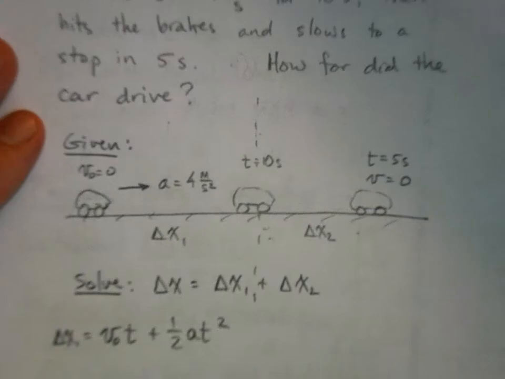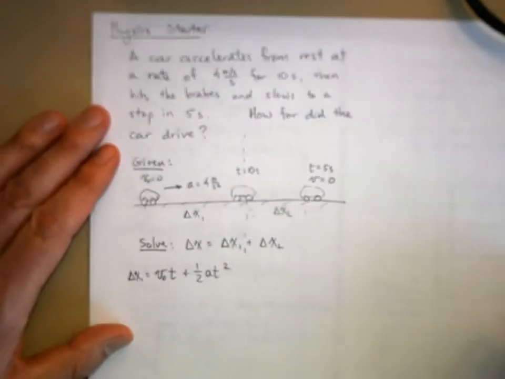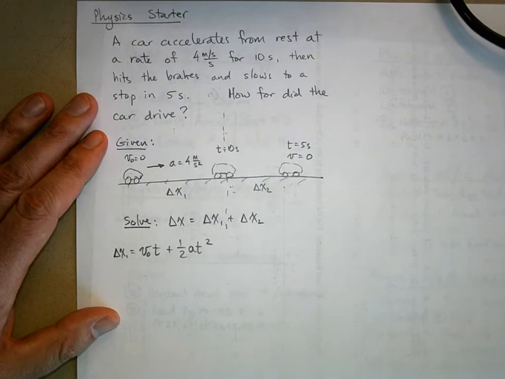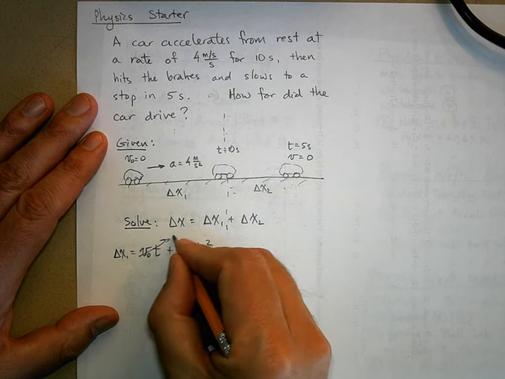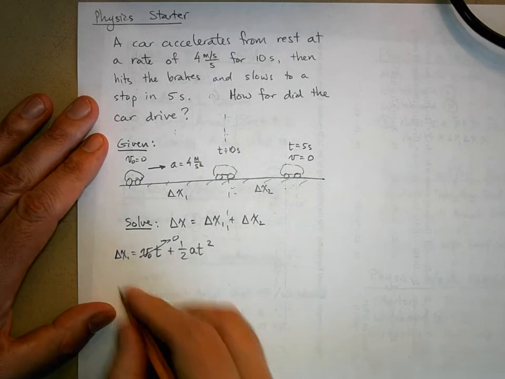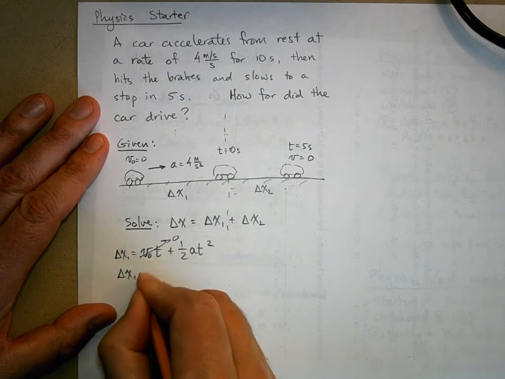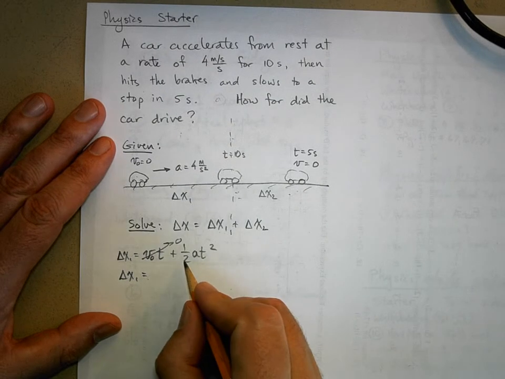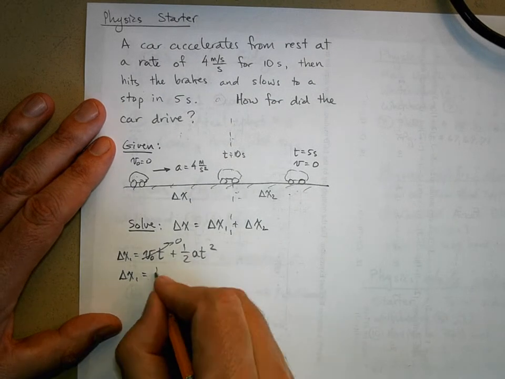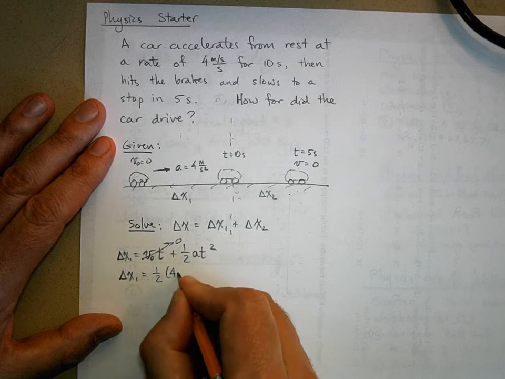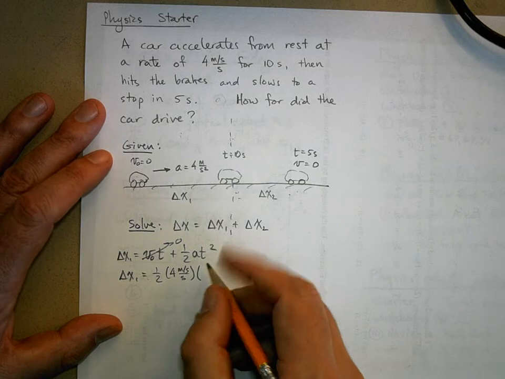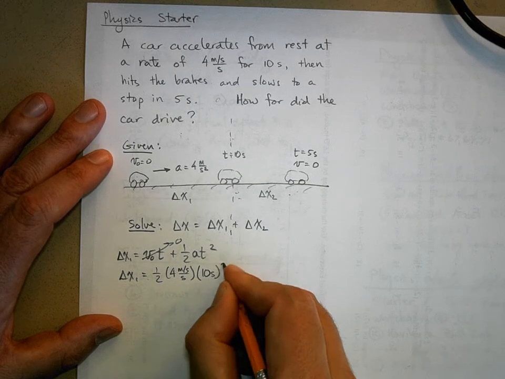Let me zoom out a little bit, give myself a little room. So this whole term goes to 0 because the car starts from rest. So delta x1 equals 1/2 a t squared, 1/2 of 4 meters per second every second times the time is 10 seconds, and we got to square that.